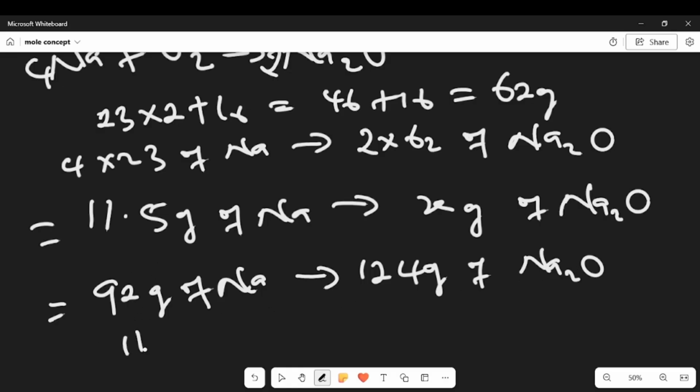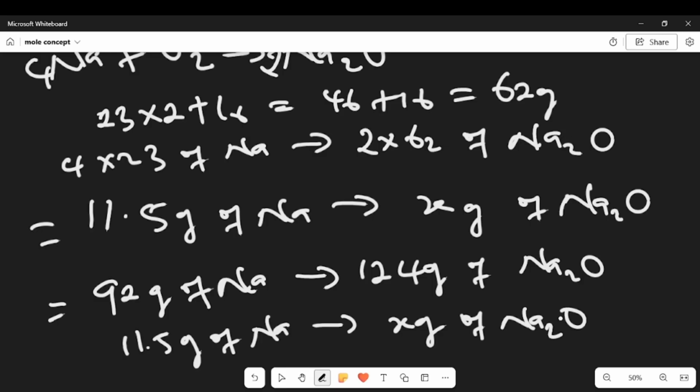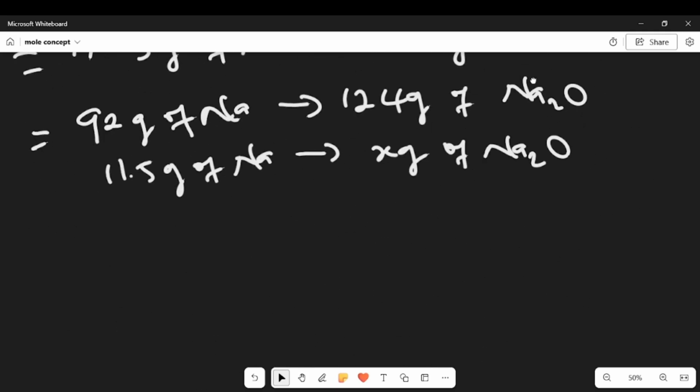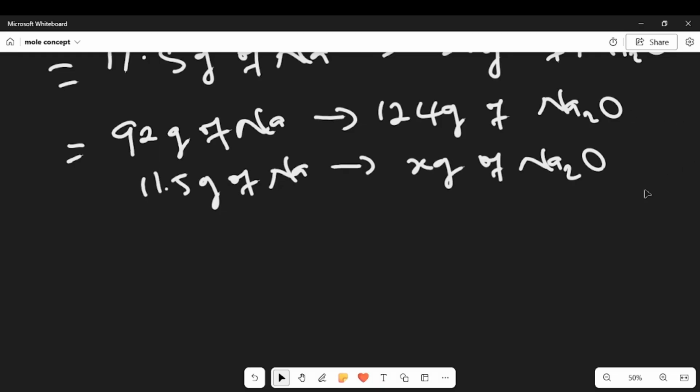Now you have 11.5 grams of sodium to give you X grams of sodium oxide. Once you reach here, you are very close to getting the solution. So the next thing is to cross multiply.